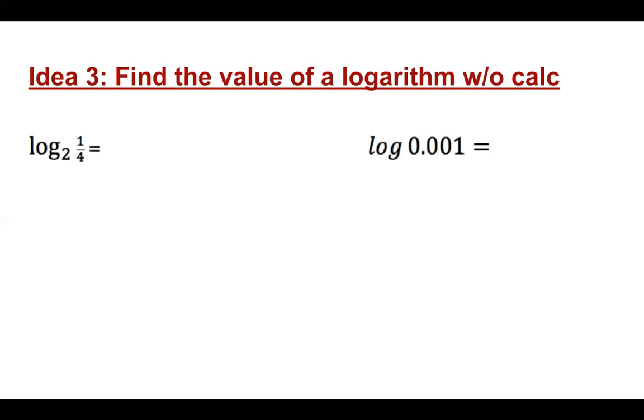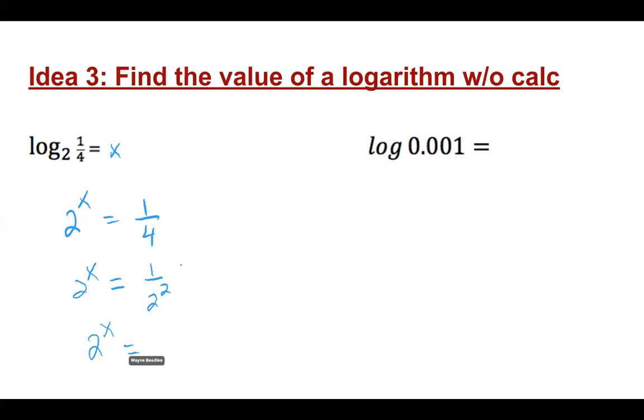Now, when they get to be harder, this is when I would suggest maybe going to that calculator and getting the answer. But I want to show you that you can do these by hand. 2 to the x is equal to 1/4. Now, we're going to have to manipulate the 1/4. It's 2 to the 2nd. We need to make our bases the same.